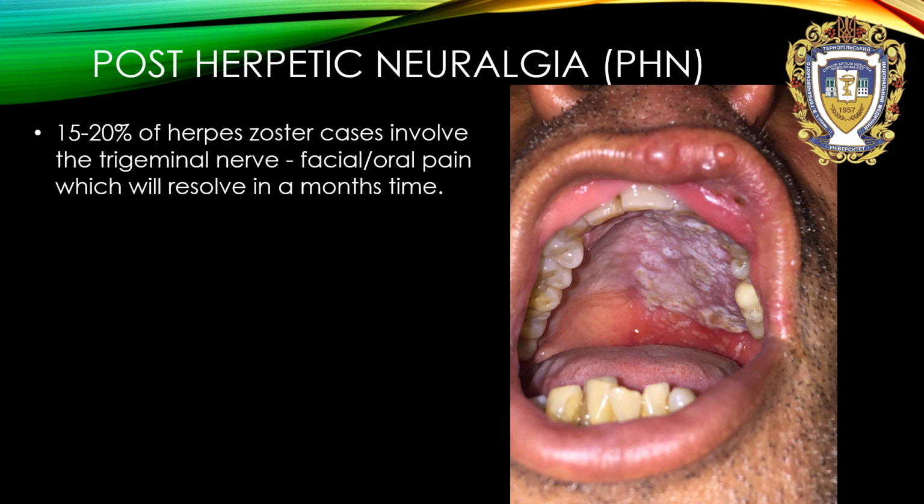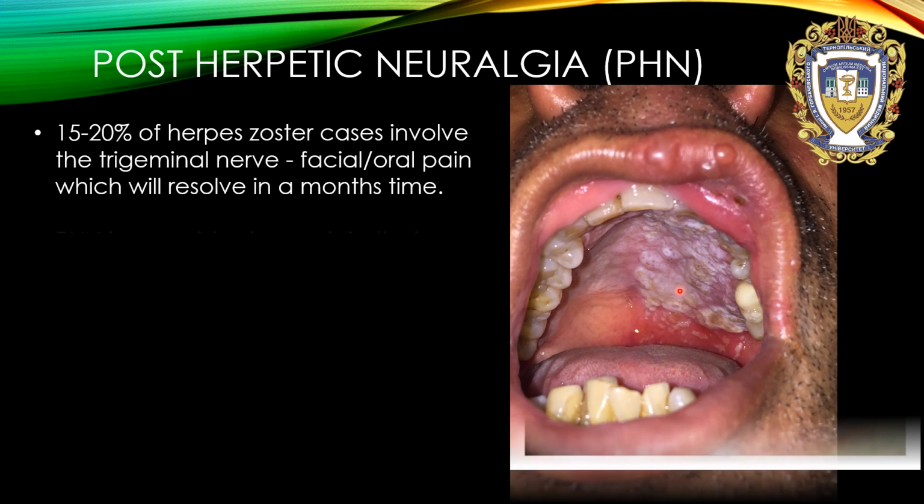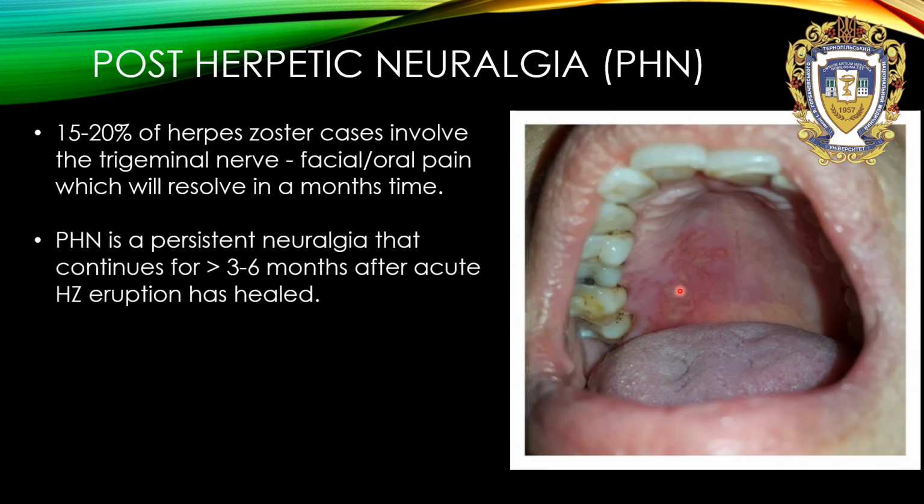15-20% of herpes zoster cases involve the trigeminal nerve, with facial or oral pain, which will resolve in a month's time. You can see intraoral signs of herpes zoster. Postherpetic neuralgia is a persistent neuralgia that continues for more than 3-6 months after the acute herpes zoster eruption has healed.